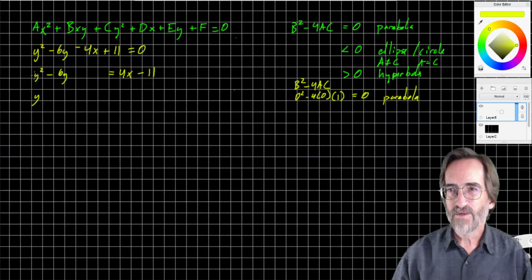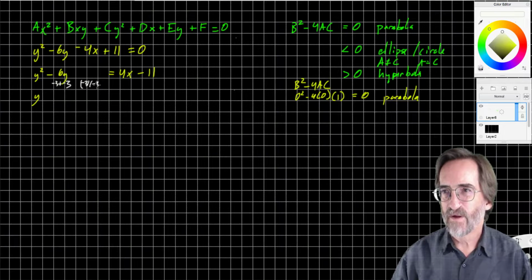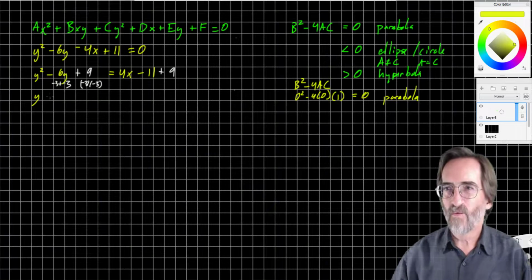There's no coefficient in front of the y squared, so let's go ahead and complete the square. What adds to itself to make negative 6? Well, negative 3 plus negative 3. So negative 3 times negative 3, that's 9. I'm going to add 9 to both sides to complete the square, and we get y minus 3 squared equals 4x minus 11 plus 9, that's 4x minus 2.